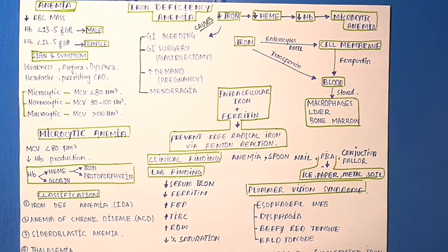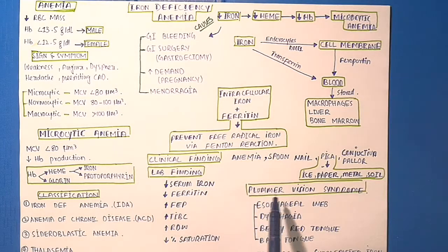The clinical findings are anemia, spoon nails, and pica. Pica is a psychological disorder characterized by appetite for substances that are not nutritive, like ice, paper, metal, and soil, and conjunctival pallor, which is an unhealthy pale appearance.